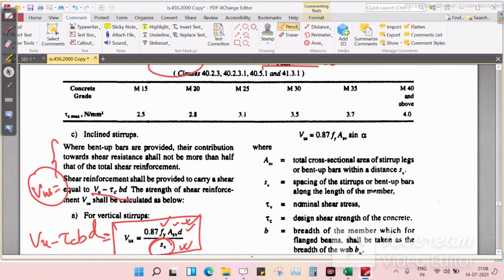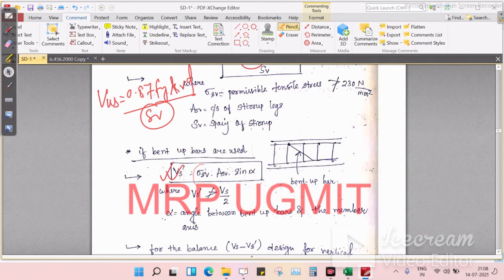This is the formulation for bent up bars, 0.87 fy ASV into sin alpha, where for bent up bars this Vus should not be greater than the total shear value divided by 2, where alpha is the angle between the bent up bars and the member axis.